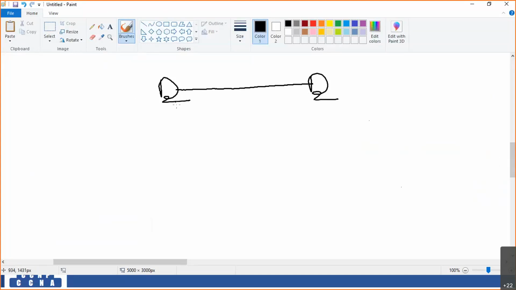Two computers here, computer A and computer B. First case: computer A IP address is 10.0.0.10, computer B IP address is 10.0.0.20.